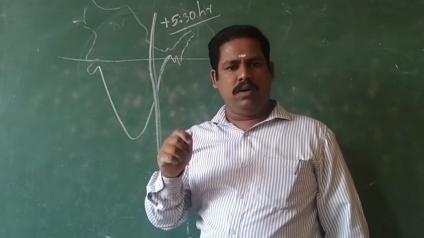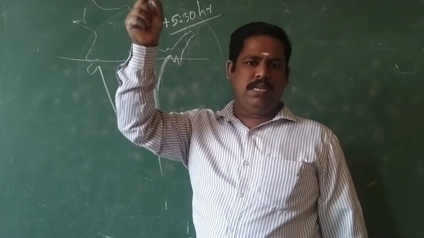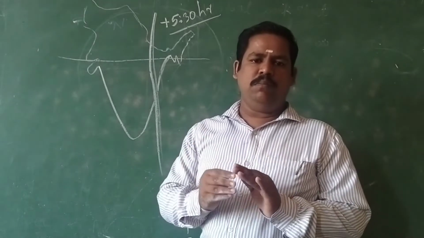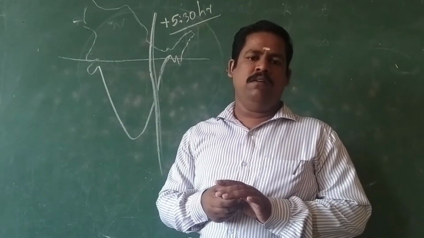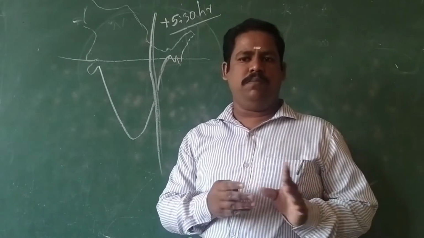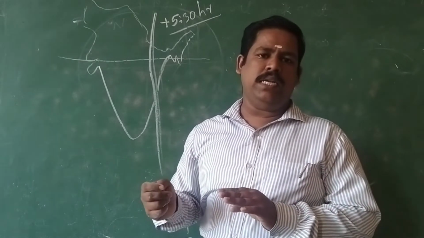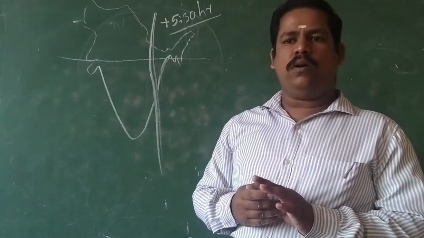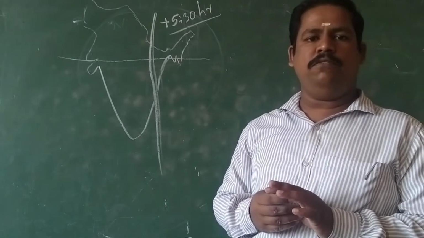Suppose in England, or in the places the Greenwich line passes through, the time is 12 o'clock at night, at the same time Indian Standard Time will be 5:30 a.m. in the morning. So we can add 5 hours 30 minutes to the Greenwich time to get the standard time of India. This is about the locational settings of India. Fine.